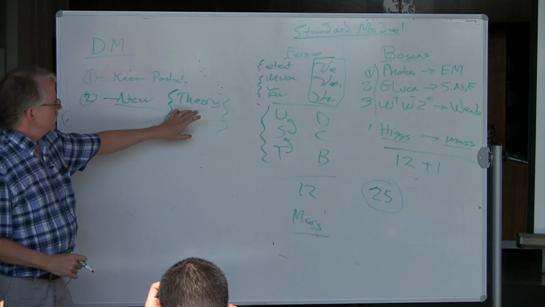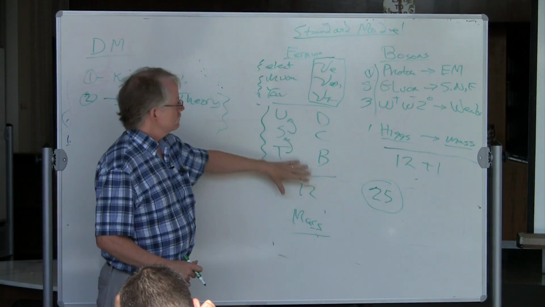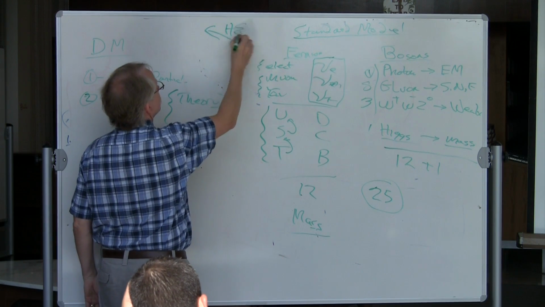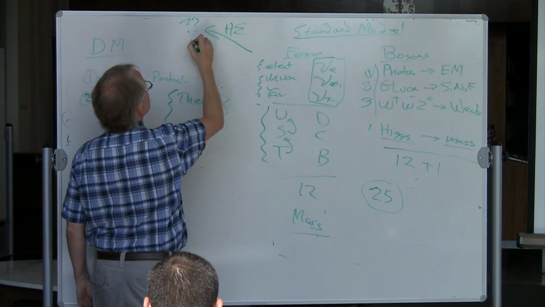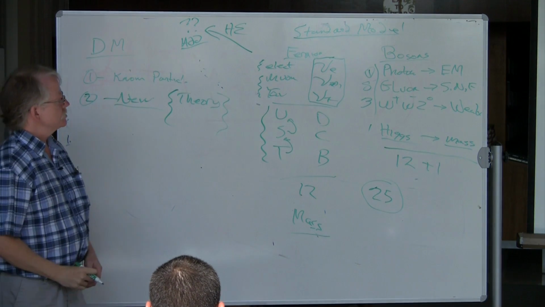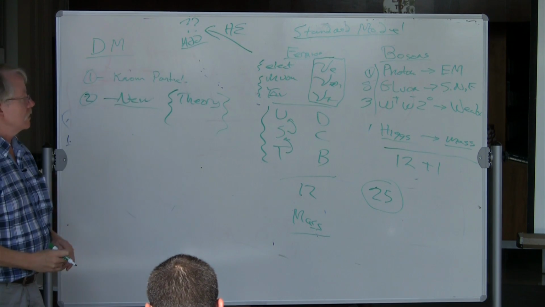Instead, what we have to do is try to find theories that look like the Standard Model, but at higher energy, they add in additional things. Additional forces, additional particles, additional possibilities for how things can decay.